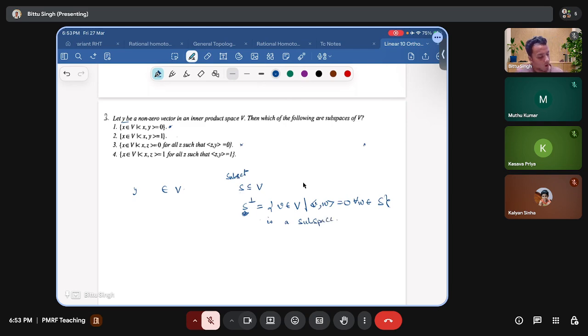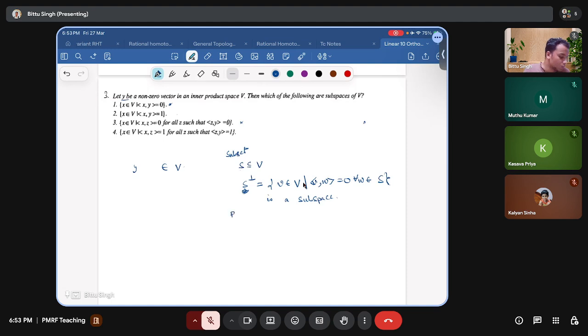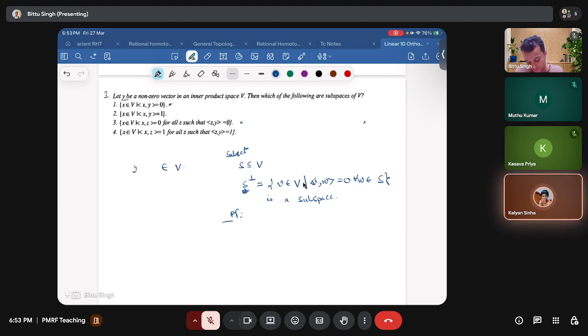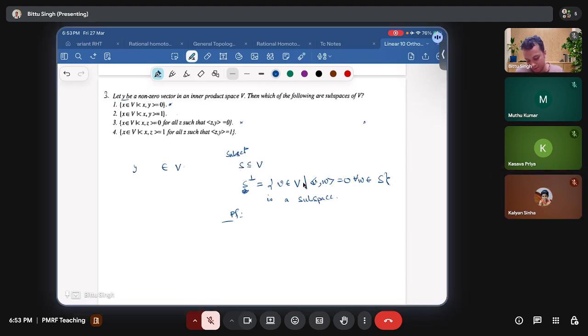So how can we see this? Proof of this? Can you tell me how we can prove this? Actually, it comes from the properties of inner product. Exactly.